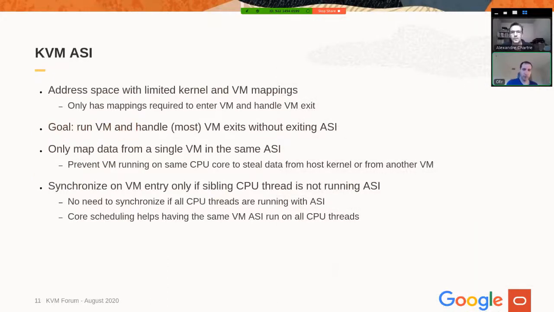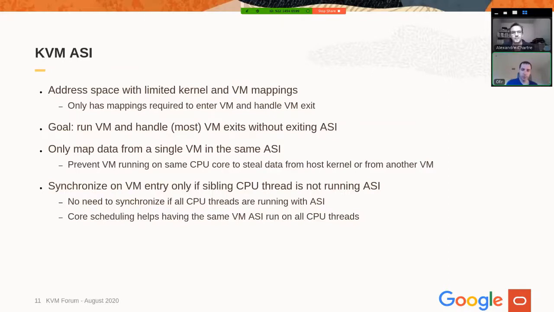So the idea is to have an address space with limited kernel and VM mappings. Basically, we need the mapping to enter the VM and then handle the VM exit.